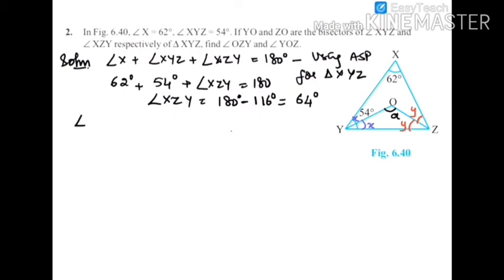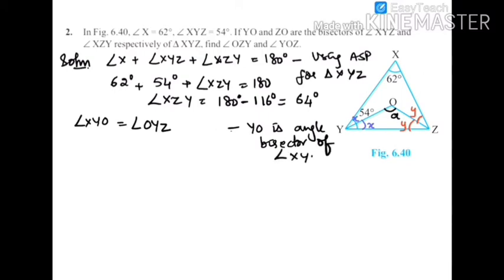So we can say that angle XYO is equal to angle OYZ, as YO is angle bisector of angle XYZ.